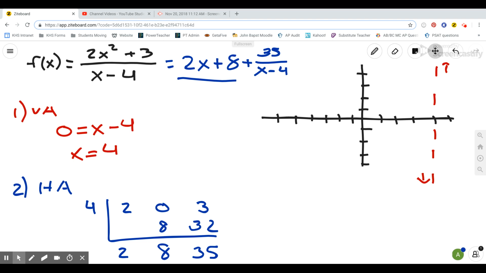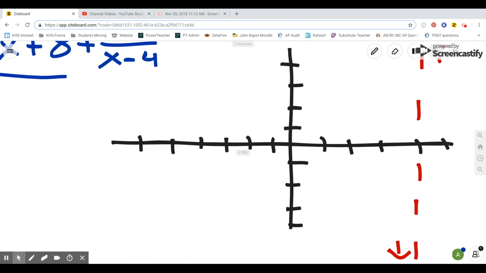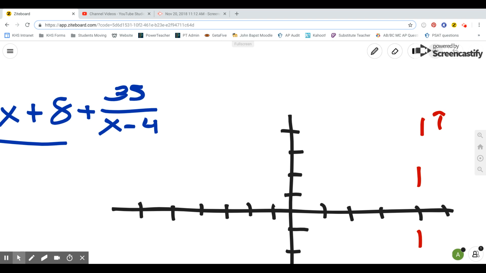So I'm going to come over here to our graph and maybe zoom in a little bit. So 2x plus 8 we are going to be following. That means that I probably want to increase the y-axis a little bit so that I can mark a y-intercept of 8.